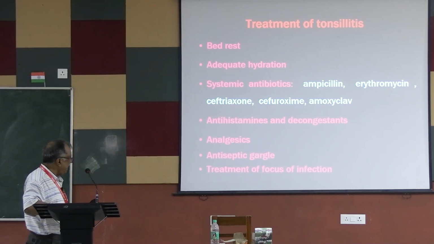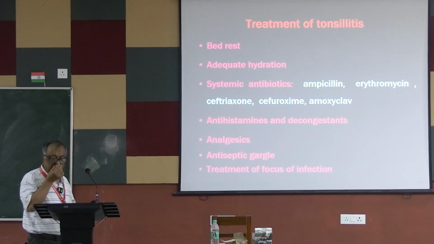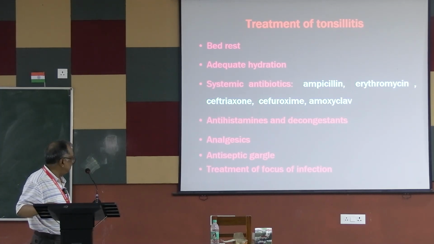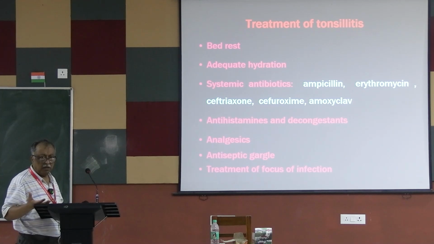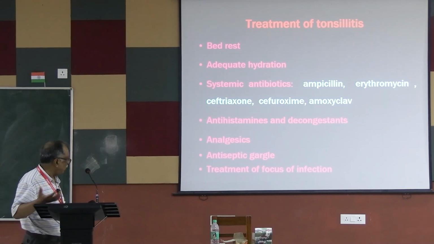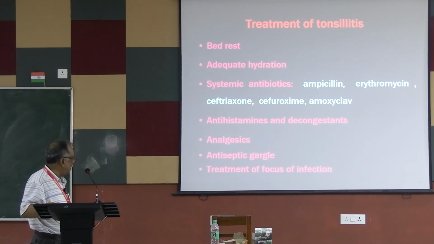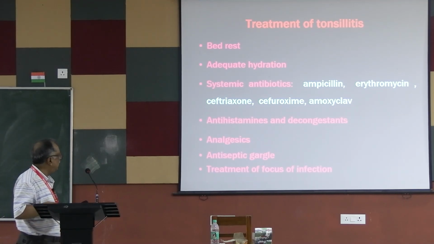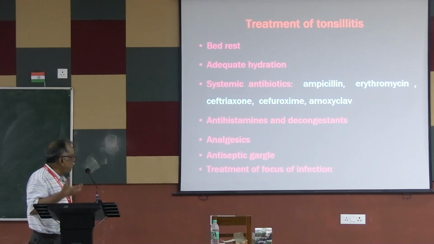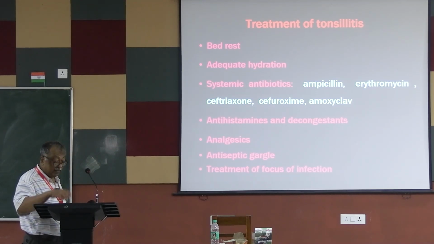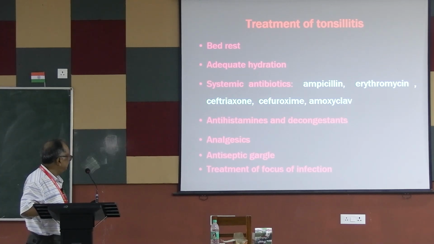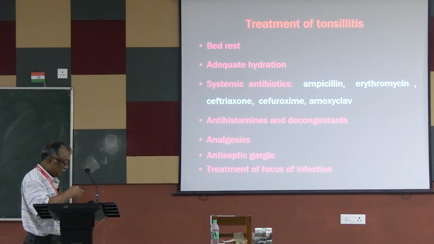For the pain you can give an NSAID, but nowadays we prefer paracetamol, even for children, and antiseptic gargle, and treatment of the focus of infection: if there is any infected organ or any other associated disease, we should treat it.